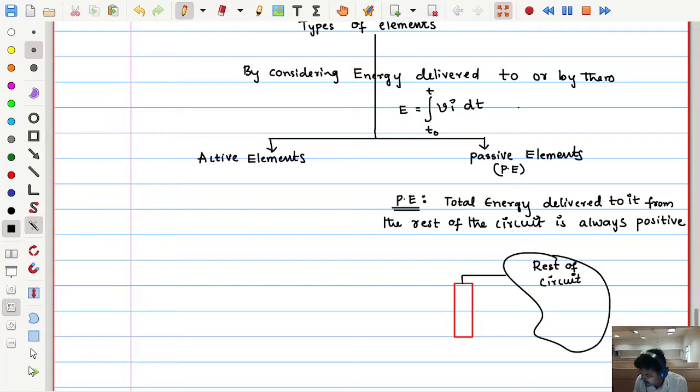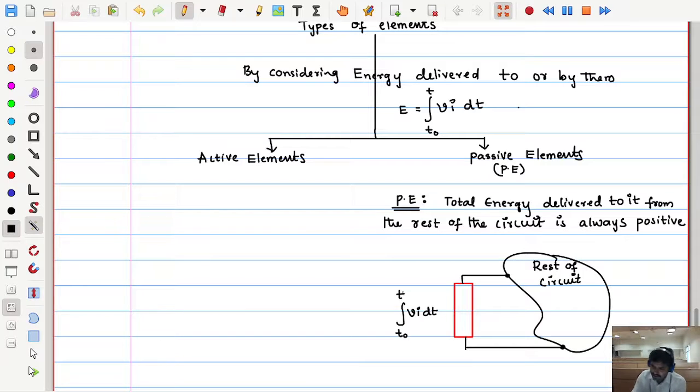It is connected somehow to this same circuit. Now I want to see what the energy nature of this element will be, if this element's energy is the integral of v into i dt over the time interval t naught to t.